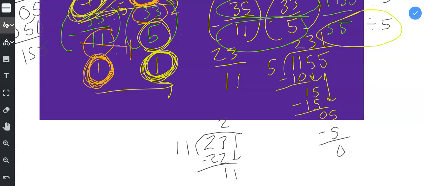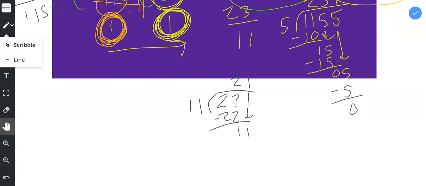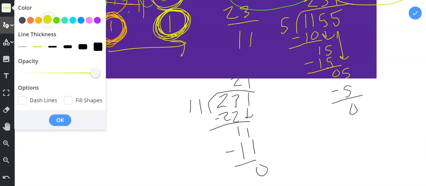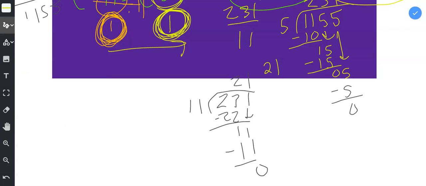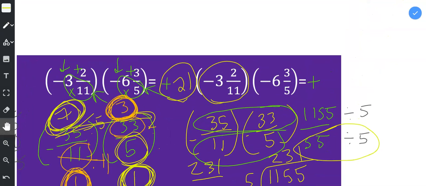Bring down the 1. 11 goes into 11 one time. So we get, actually, 231 divided by 11 was equal to 21. We got the same answer when we did the work this way.